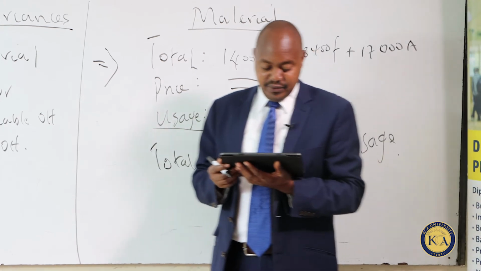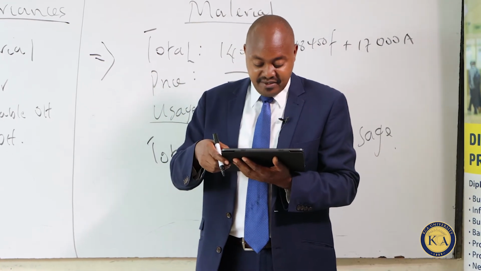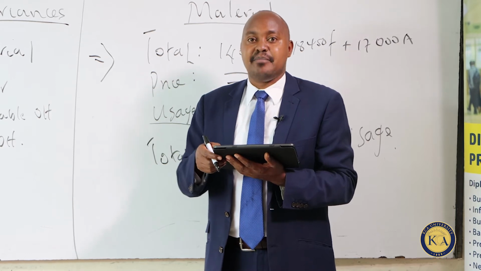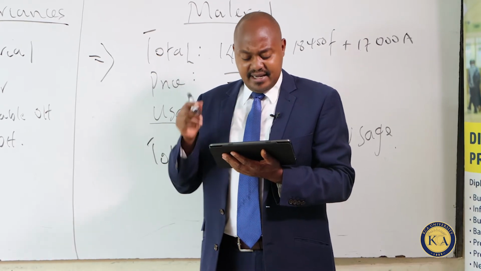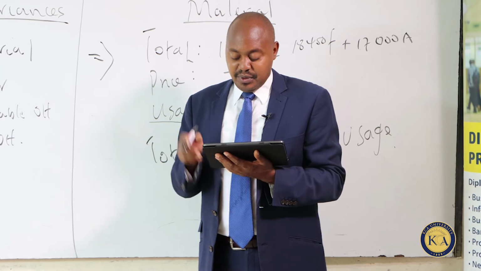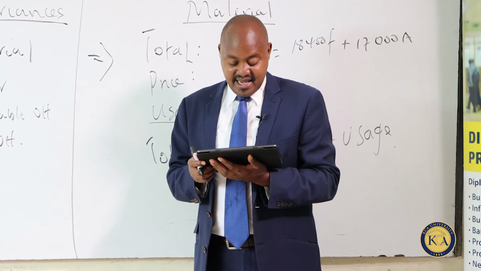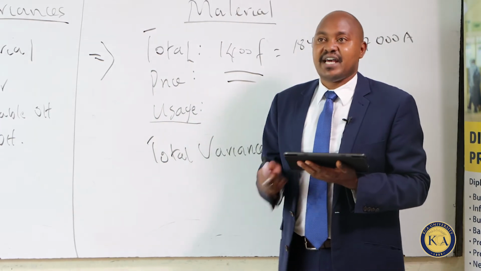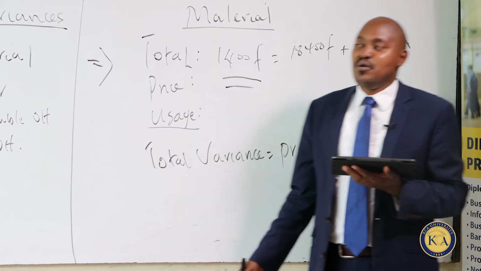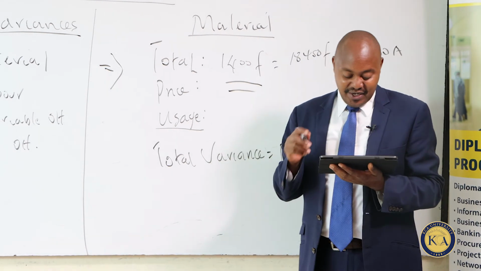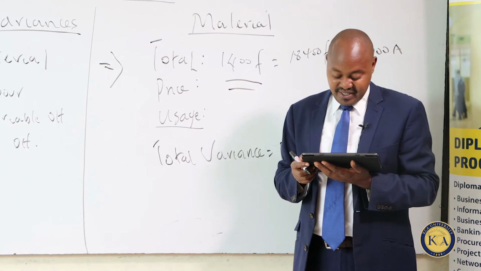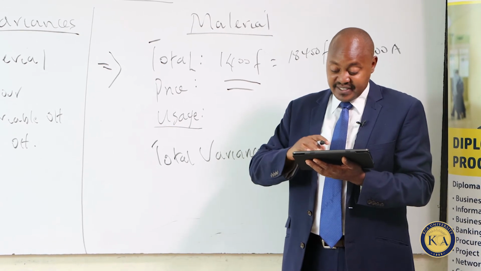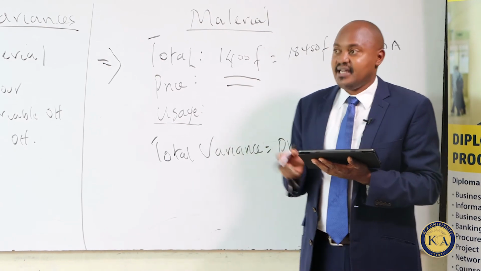And even if the total number of hours would end up being paid for, the actively used hours will be less than the total hours, and that breeds the idle time variance. So the idle time variance is about those hours the workers were not actively working, and yet they were paid for. And the idle time variance is always adverse.